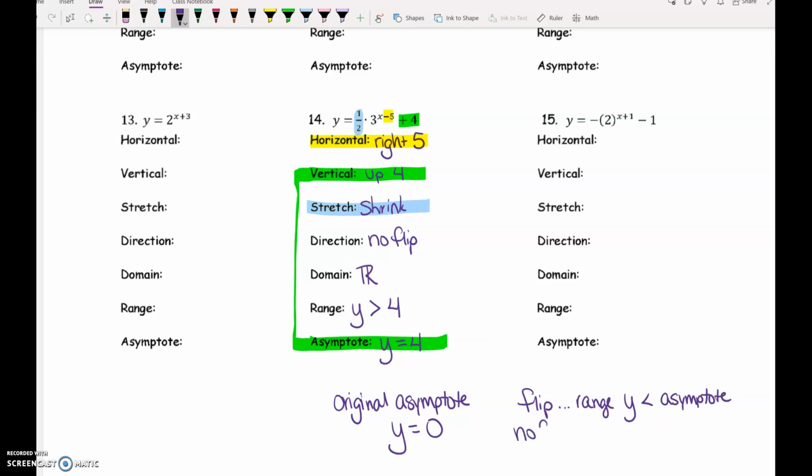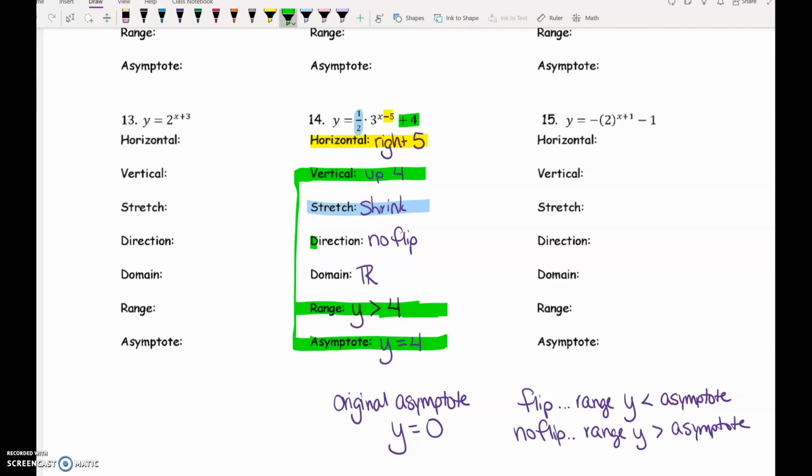If there is no flip, the range is going to be y is greater than the asymptote. So the vertical movement, the asymptote, and the range are all very connected. And the range is a little bit connected to the direction as well because the direction, whether there's a flip or not, tells you if it's a greater than or a less than symbol when you're doing the range.